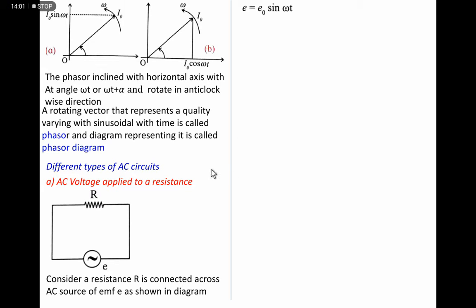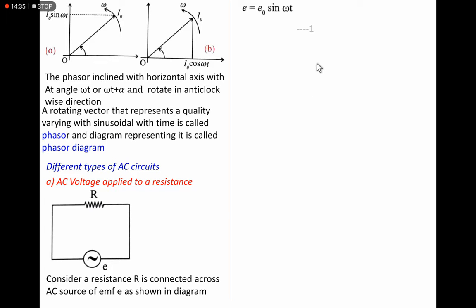EMF is E naught sine omega t. Just now we studied the AC generator, and the AC generator is connected across the resistance. So EMF is applied across the resistance, and that EMF is E naught sine of omega t. E naught is the maximum value of EMF generated when the coil is rotating in the magnetic field.